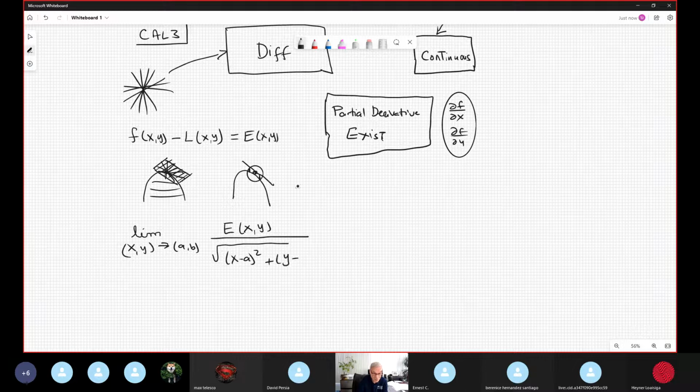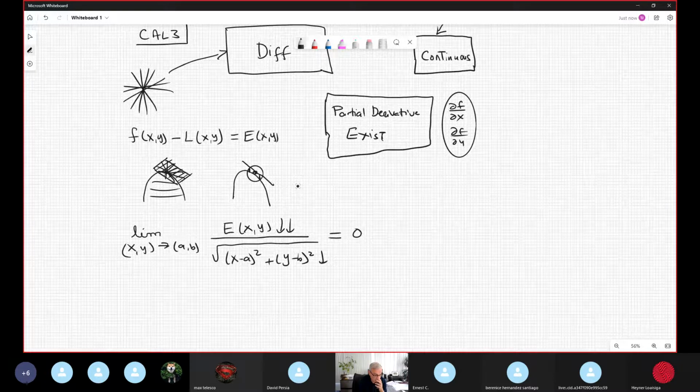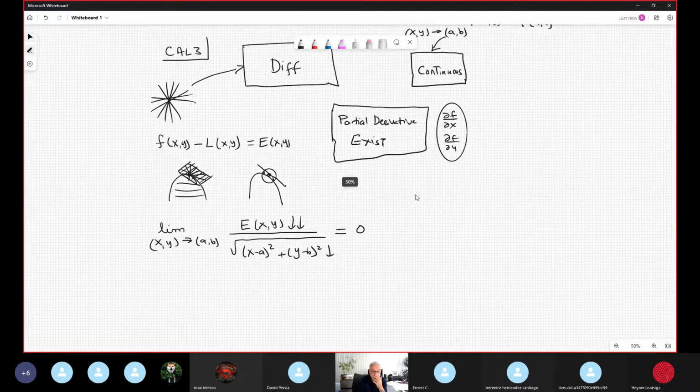As you prove that this ratio is equal to 0, it's because this error decreases faster than the approximation you are doing in x. So this is the strong concept of differentiable in multivariable.